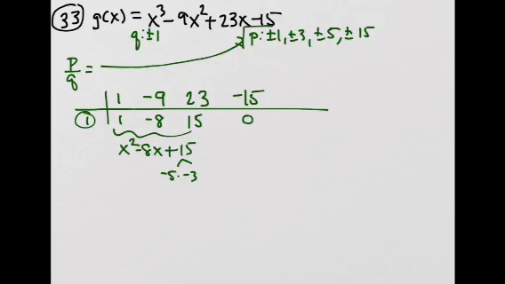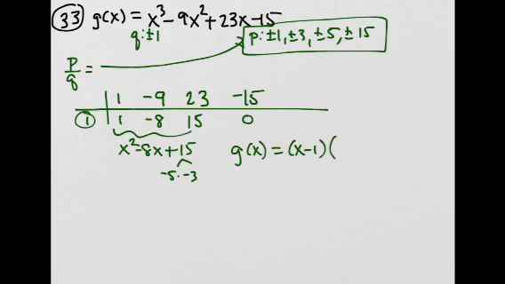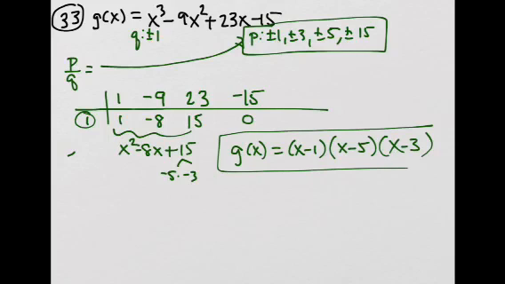So here's that part of the answer. And to write g of x in factored form, remember 1 worked, right? So that's going to be x minus 1, and then for the quadratic, I've got x minus 5 times x minus 3. So here's the polynomial in factored form.